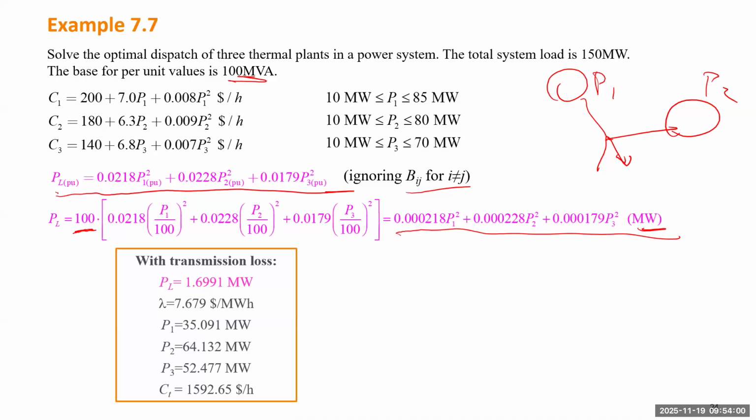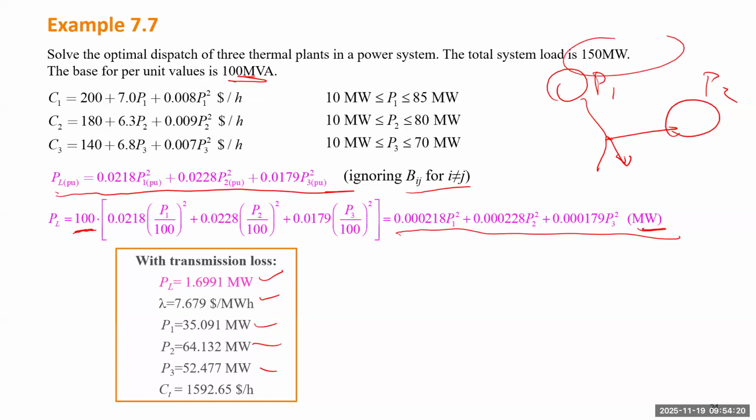If you solve this problem, the final answer gives P1, P2, P3, and lambda, and the total transmission loss only takes about 1.7 megawatts compared to the total load.